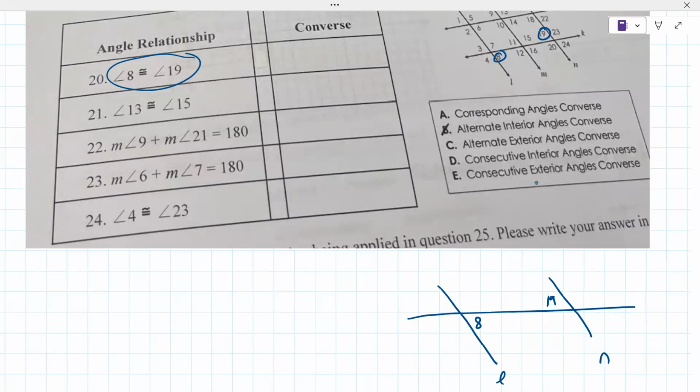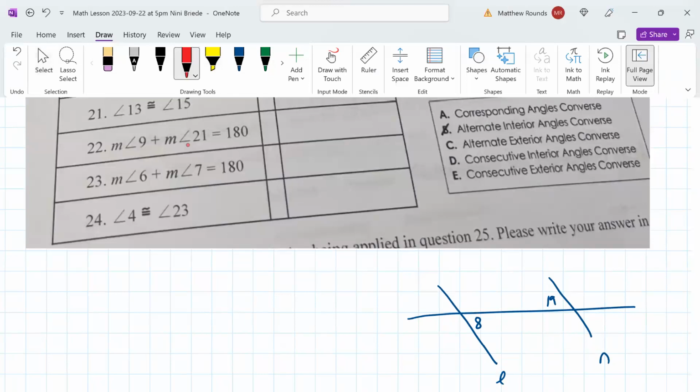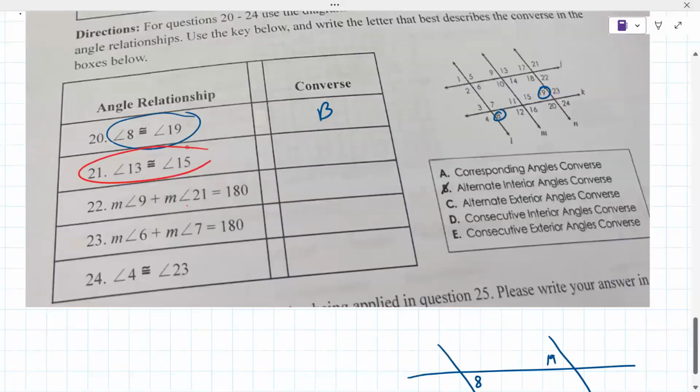I think it's a lot simpler to tell me what kind of angles these are by removing all the unnecessary lines. What would you say now about these? Alternate interior. Alternate interior angles, right? Good. But if you just look at the drawing as is, this might be like, oh my gosh, how do I even find that?